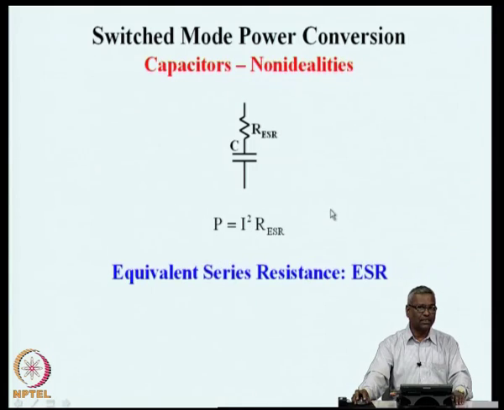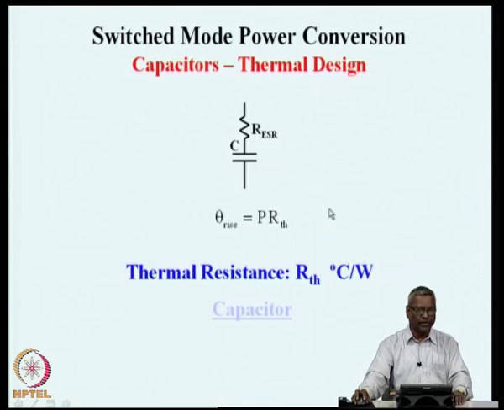This loss is also going to result in temperature rise inside the capacitor. If the capacitor has a certain thermal resistance in degree centigrade per watt, then depending on how much power is dissipated on account of this ESR, the power dissipation multiplied by the thermal resistance will result in the temperature rise of the dielectric material inside the capacitor, and if this temperature rise is too high, then the capacitor will fail.